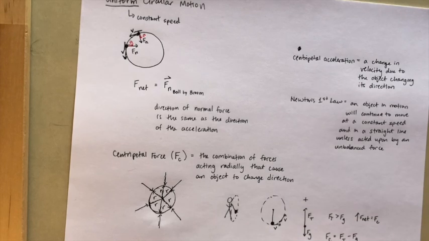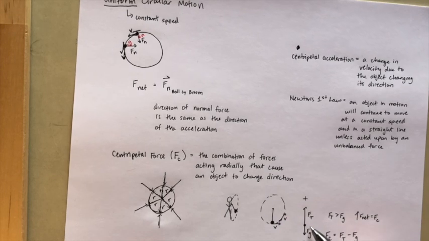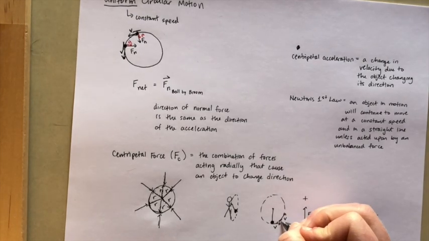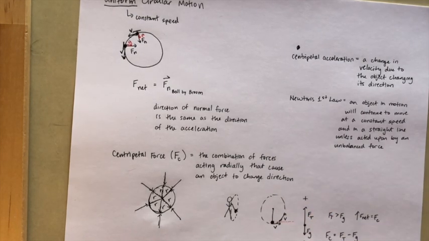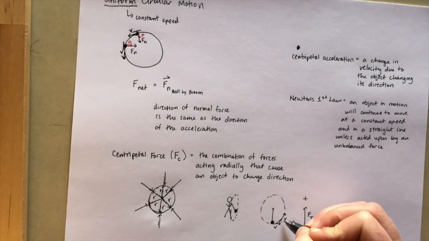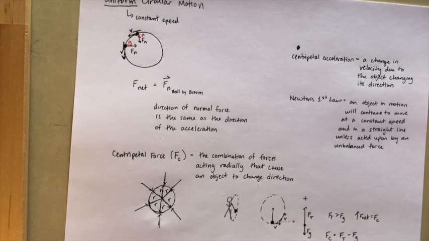At the bottom of the yo-yo's motion, the tension is greater than the gravitational force, so we have a net force pointing up. That unbalanced force doesn't necessarily cause the yo-yo to speed up, but it does stop it from continuing straight out, and instead causes the object to change its direction.